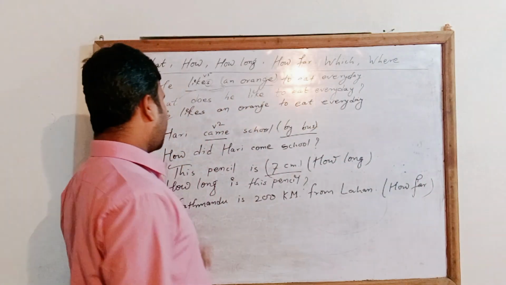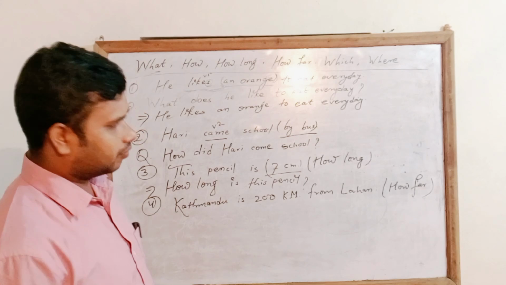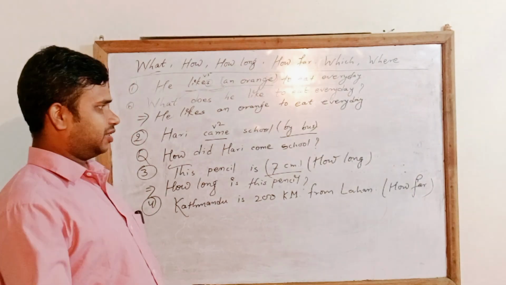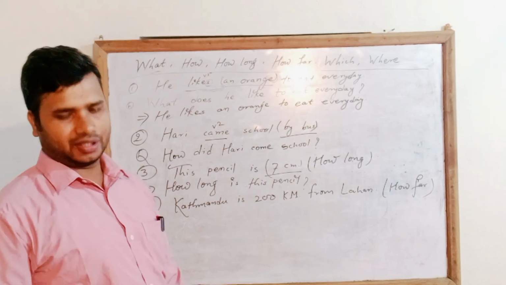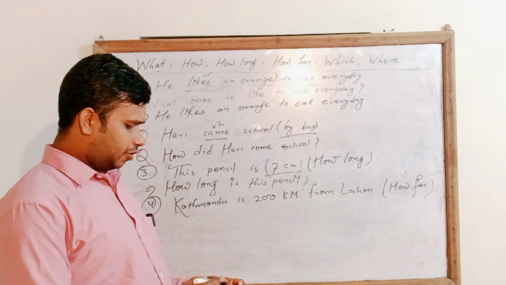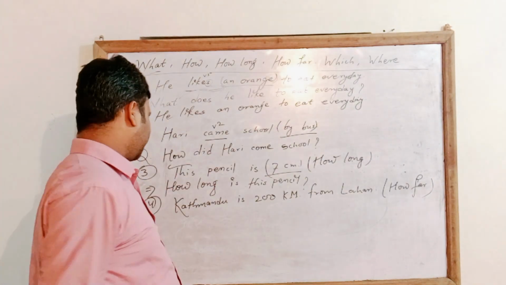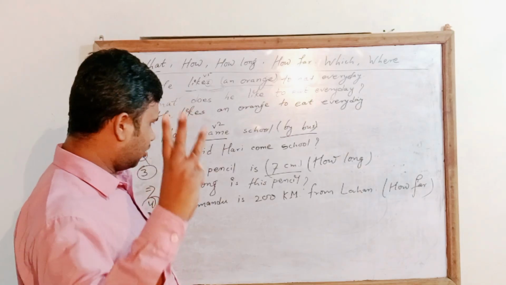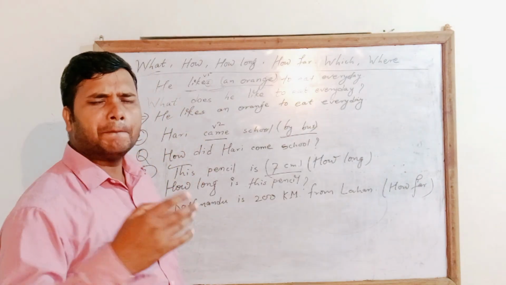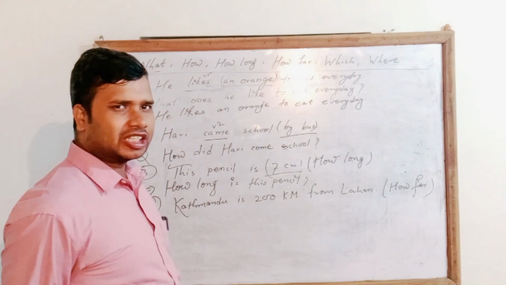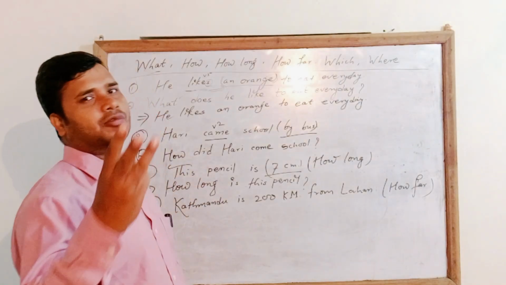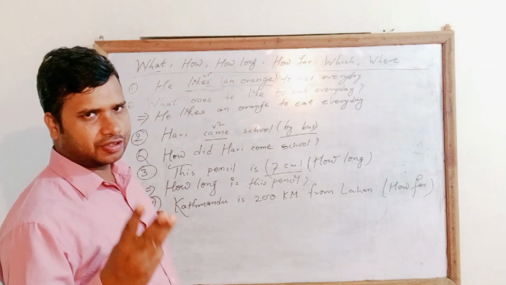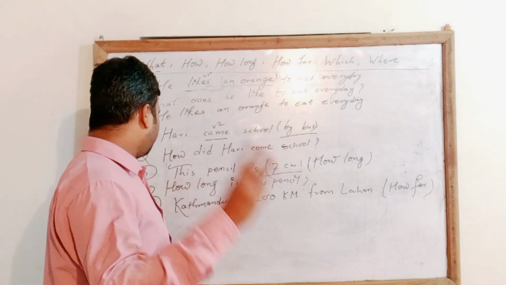Okay. Kathmandu is 200 km from Lahan. How far questions has given and you have to make here. And you know very well, you can make very easily because you have 3 formula and 3 formula supports you to make many questions, thousands of questions you can make from that 3 formula. And so my dear students, never forget these 3 formula.